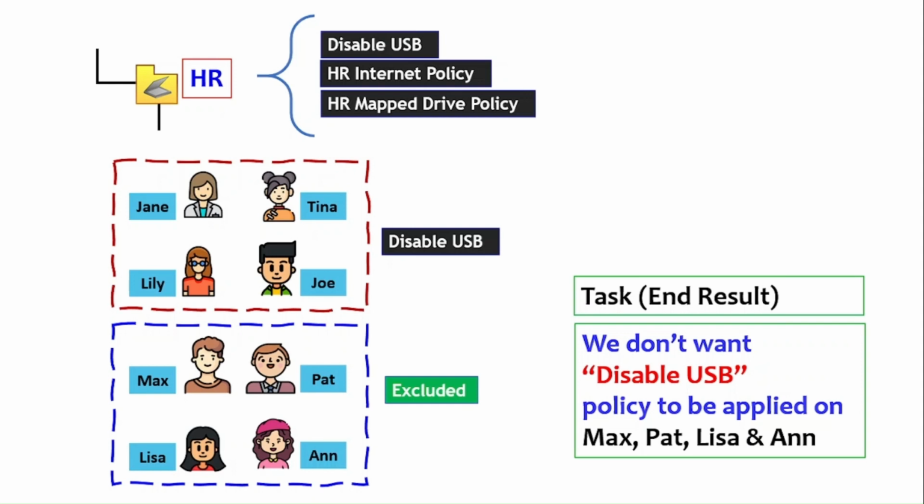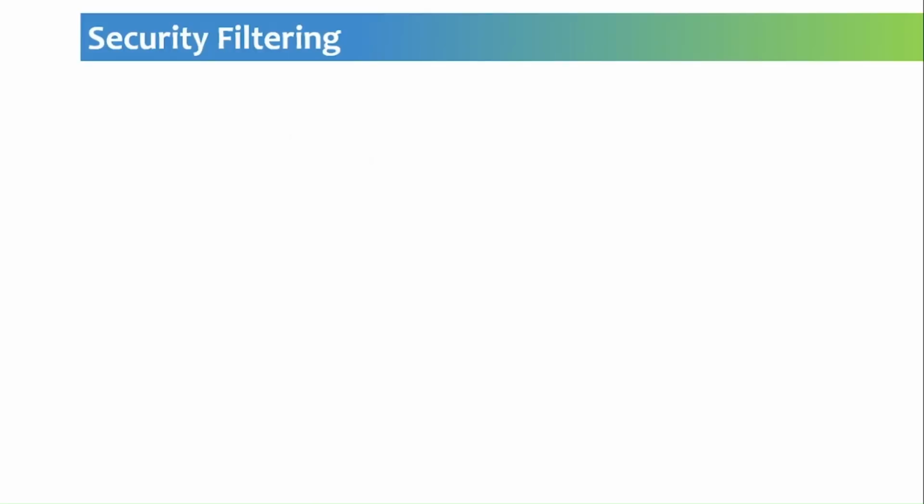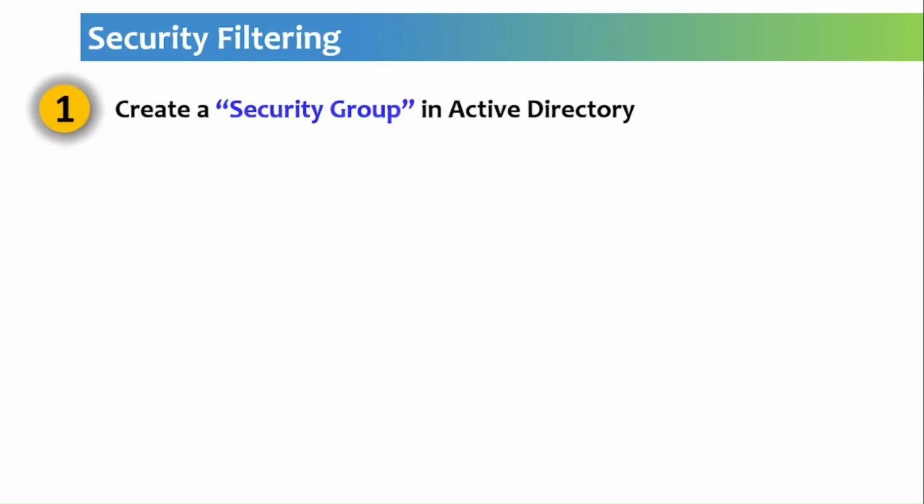There are many ways to accomplish this task, and one of the ways is using security filtering in our group policy. So how to accomplish this task? Step number 1, we will create a security group in Active Directory.